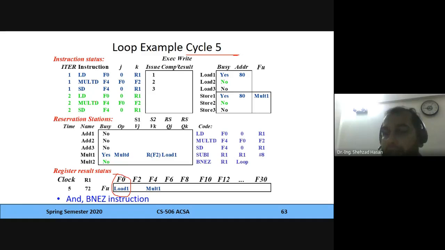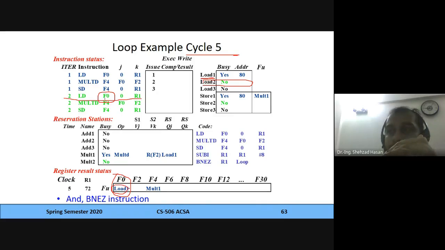Now in the 6th cycle, you are issuing another instruction, which is load, and you are going to occupy another reservation station. Since this instruction is updating F naught, instead of writing load 1 against F naught, because up to this point anyone using F naught would have used load 1 in its place.